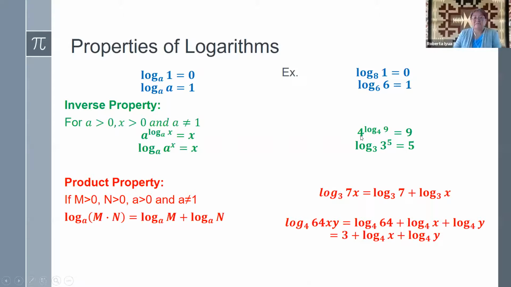So here's an example: 4 raised to the log base 4 of 9 is equal to 9. If you can see the pattern, the x here is the x here, the 9 is the 9 here. So log base 3 of 3 raised to the 5th is equal to 5. Your x here is equal to the x here, your 5.